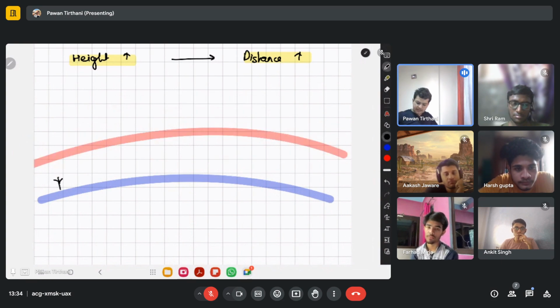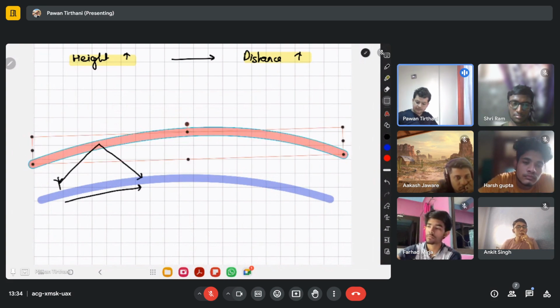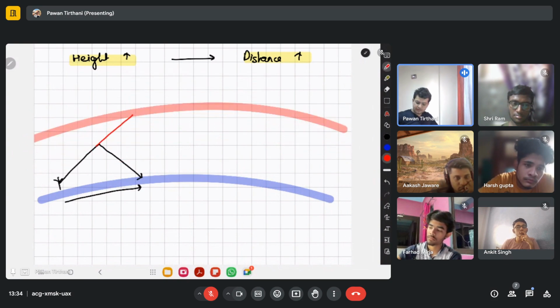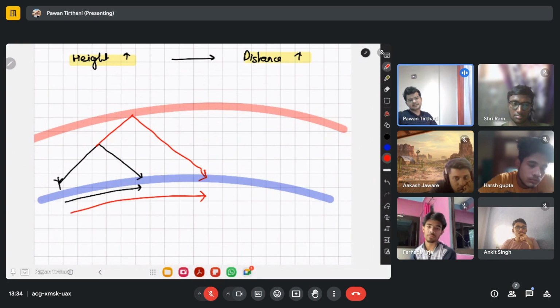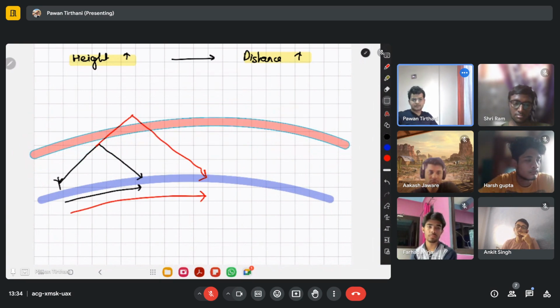So if the ionosphere is here and the wave is going to come back, this is the range. What if the ionosphere goes up? The same wave is going to come here and then come here. See, the skip distance gets increased, and the dead space gets increased.